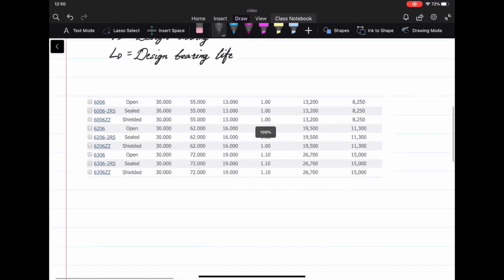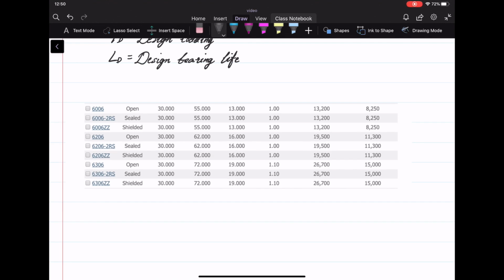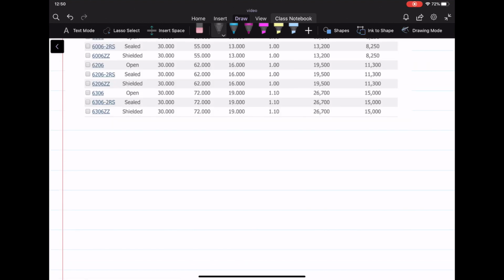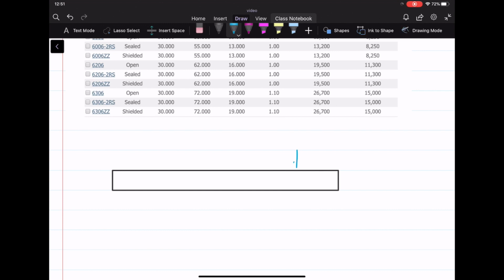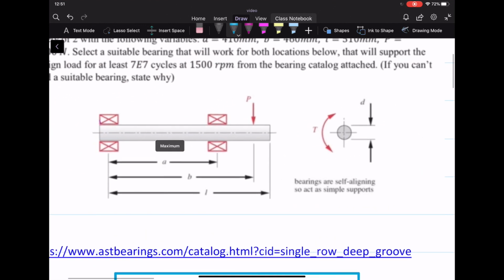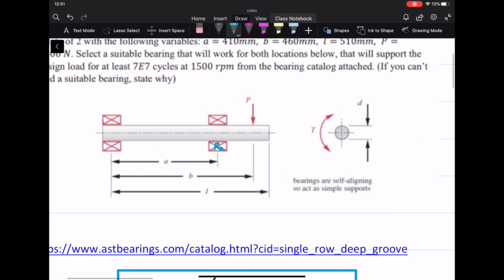You see right here. First of all, when you look at this problem, we can look at it from a static point of view. Let's draw a free body diagram. Let's say this is our shaft, where the force P is right here, and the reaction forces from the ball bearings, we call R2 and R1.